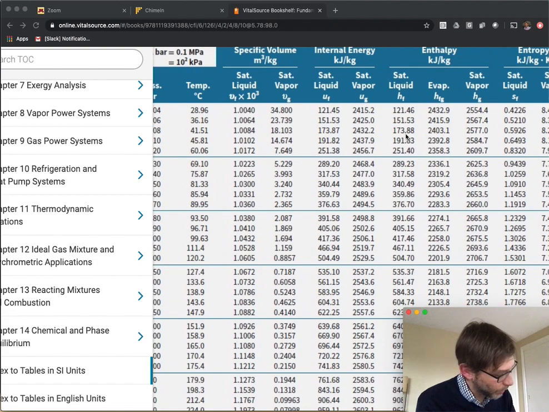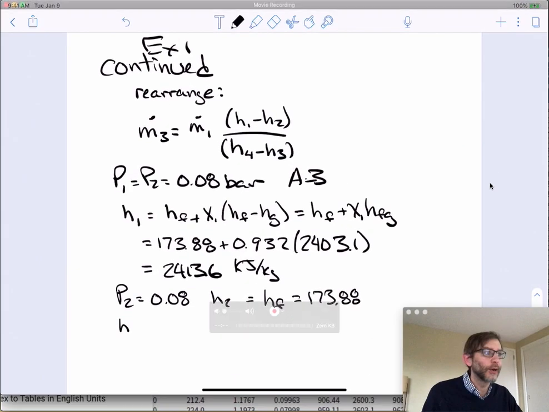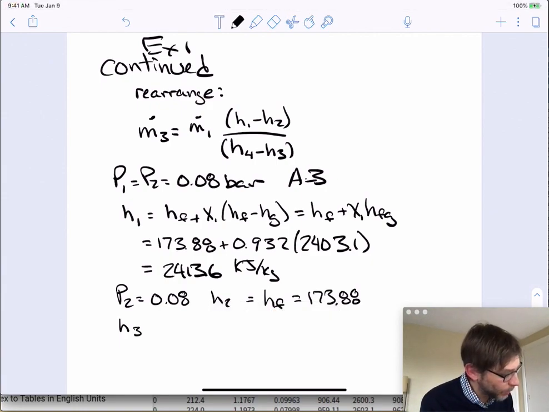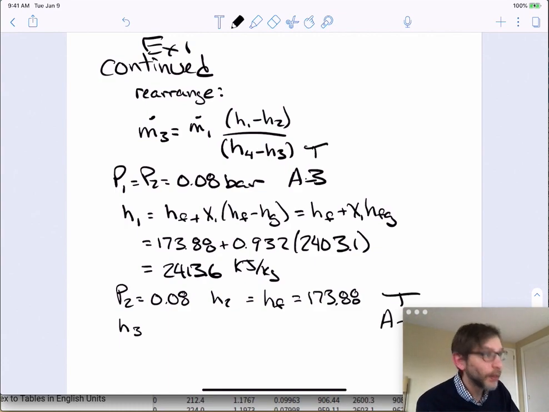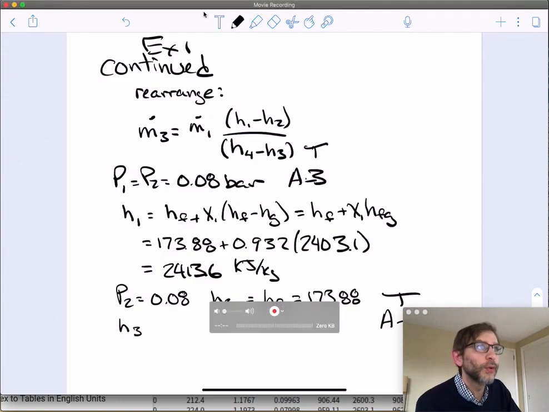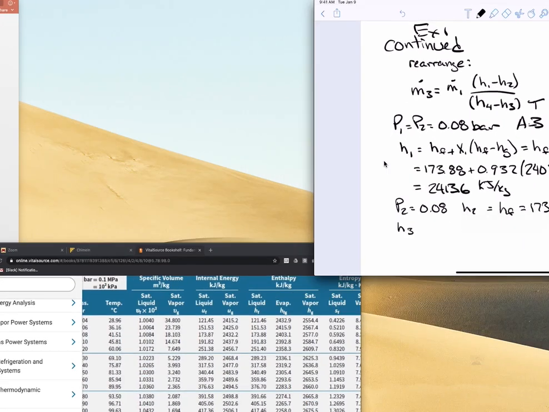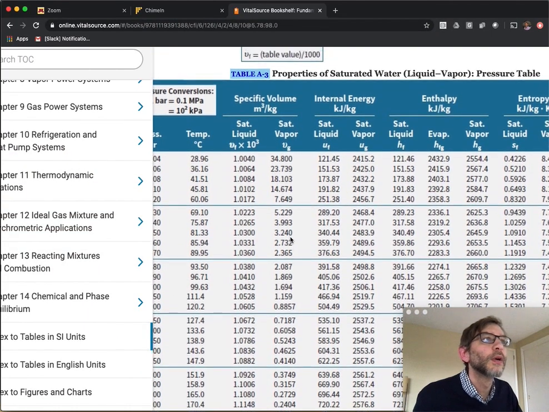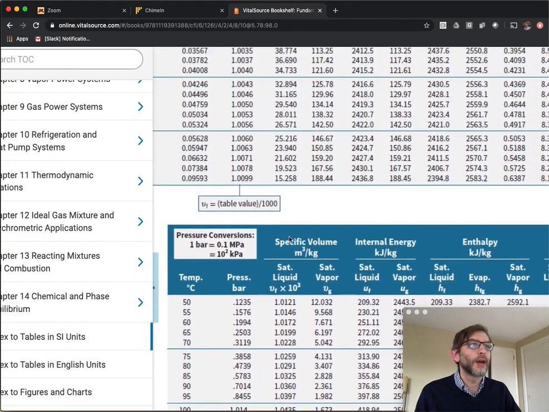Okay, so now let's look at h3 and h4. I've written it all down here. We have to go to the temperature table, table A2. So what are the temperatures again?